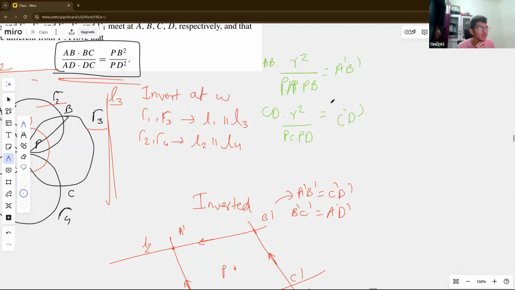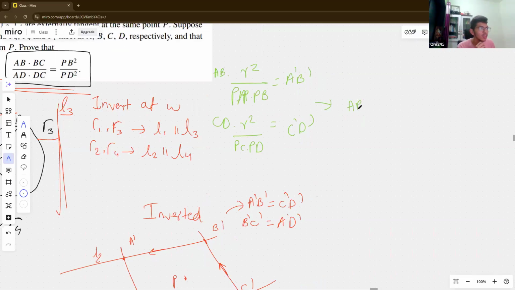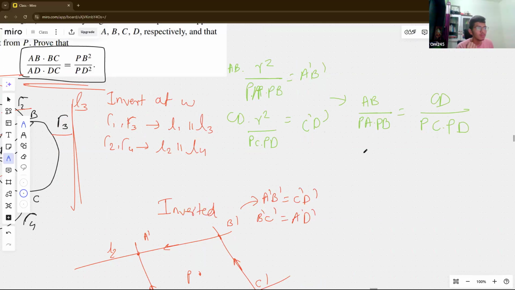So this will give us AB by PA into PB equal to CD into PC into PD. And similarly from the other side you get BC equal to PB into PC, and AD equal to PA into PD.